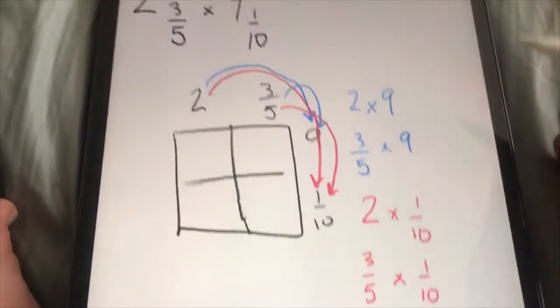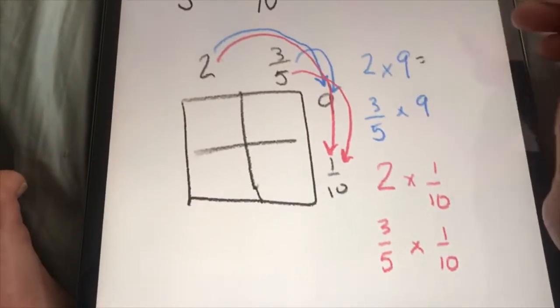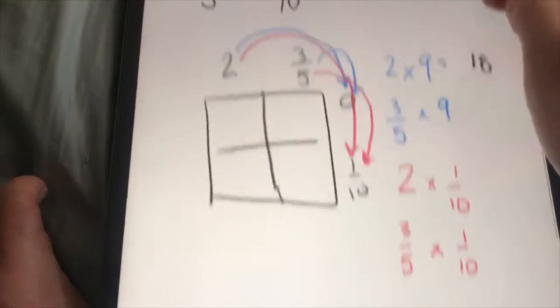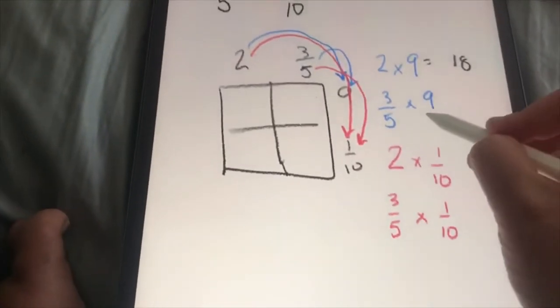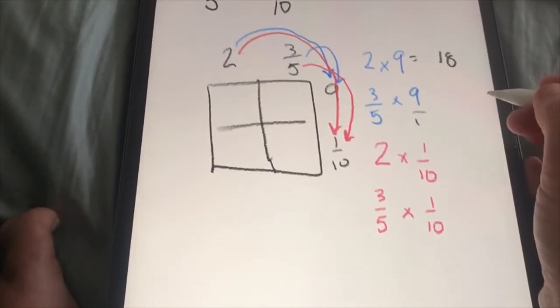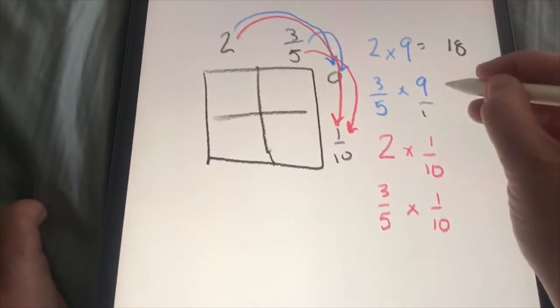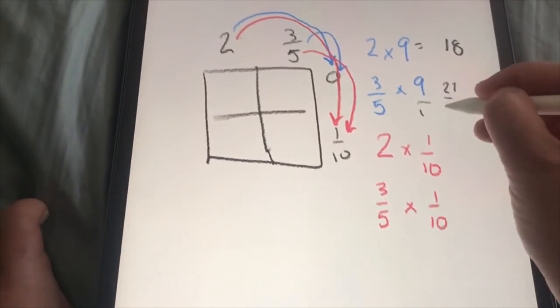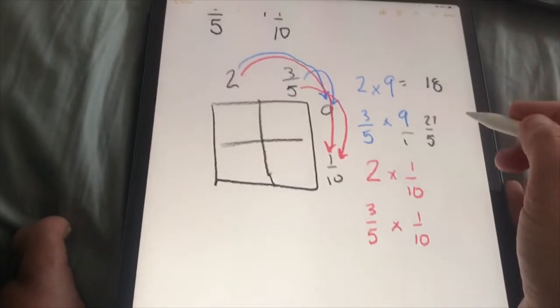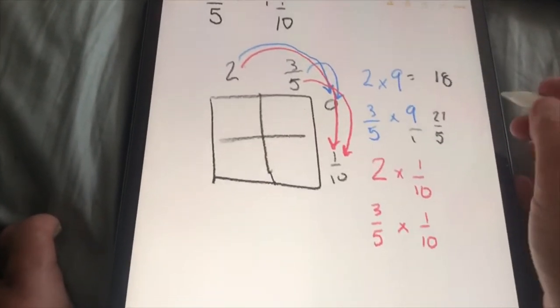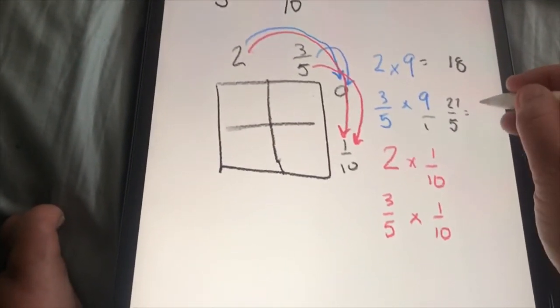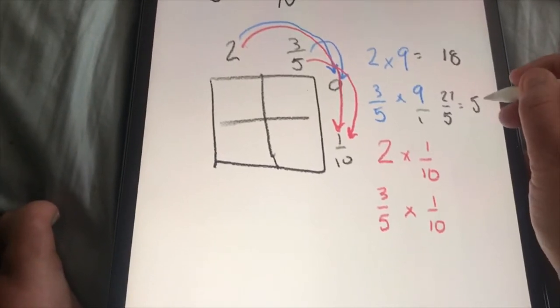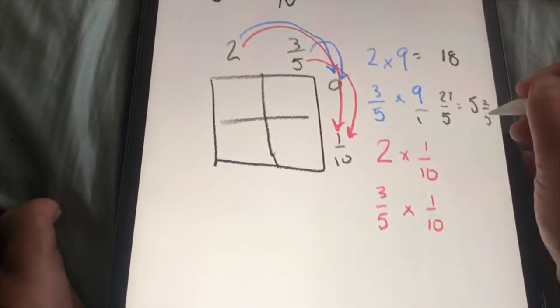Okay, so if I do that, I get 18. Okay, I get 27/5, which is going to be equivalent to 5 2/5.